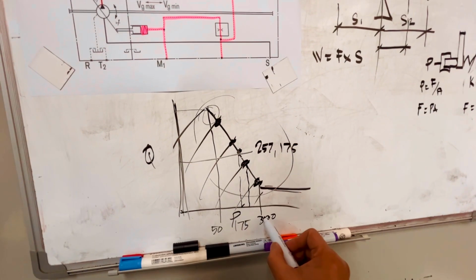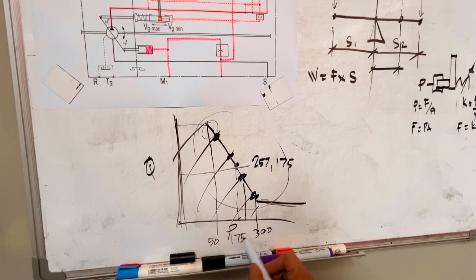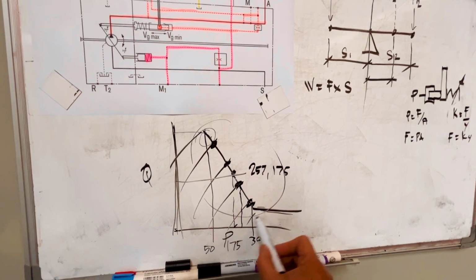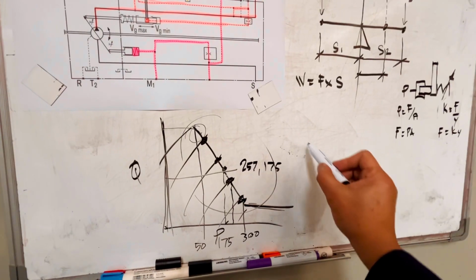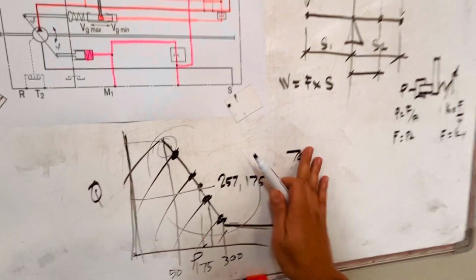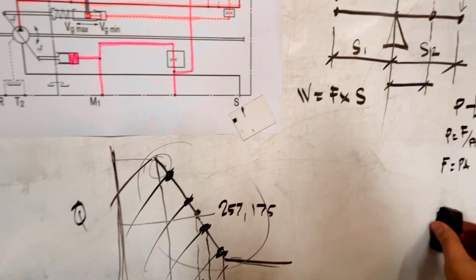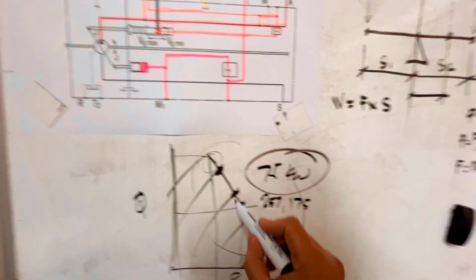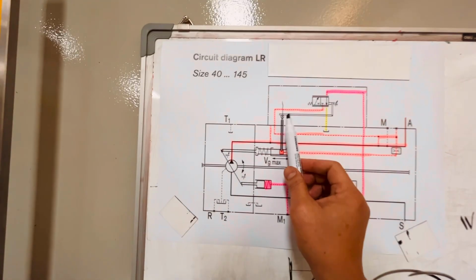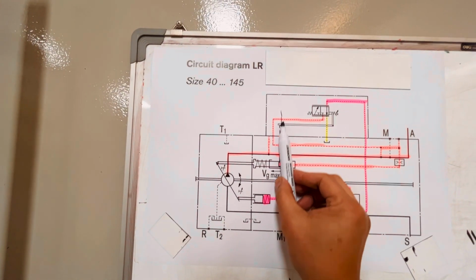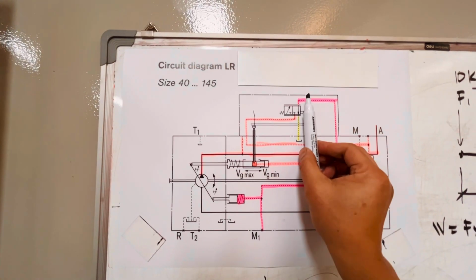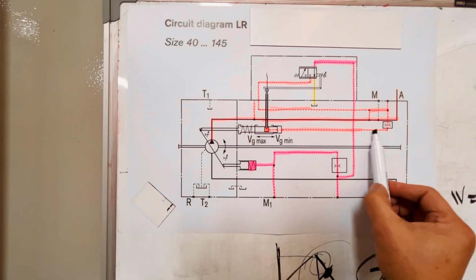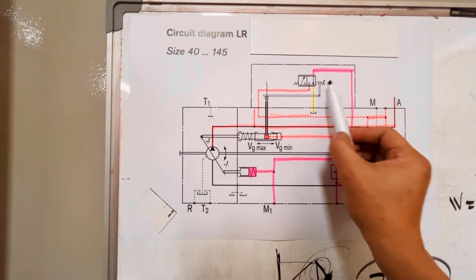As you increase the pressure, the load, the flow also decreases, so that it maintains the 75 kilowatt. This curve here is 75 kilowatt. Same principle here: as the feedback piston goes closer to the center point of the fulcrum, it needs more pressure to balance that spring.